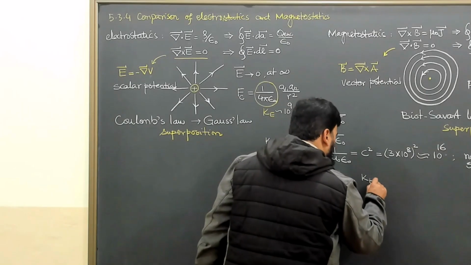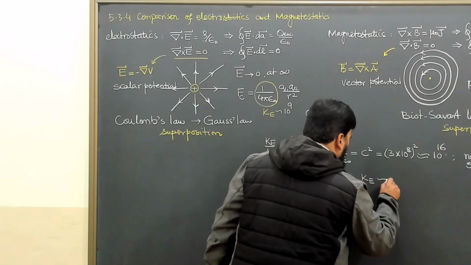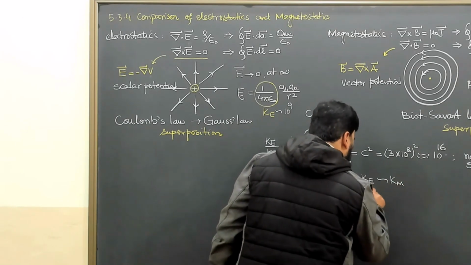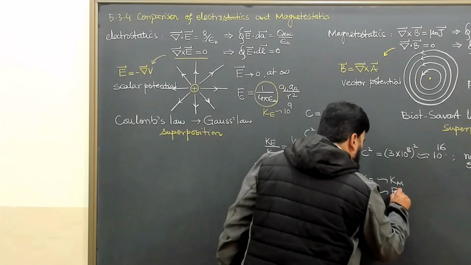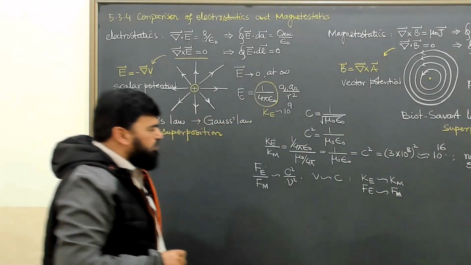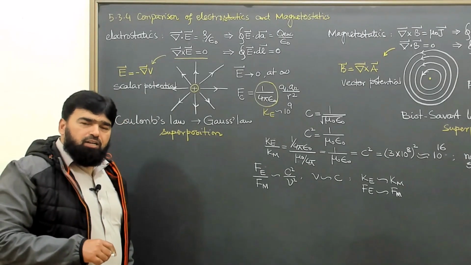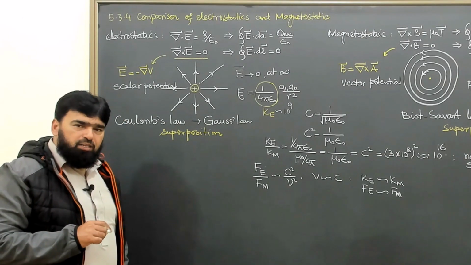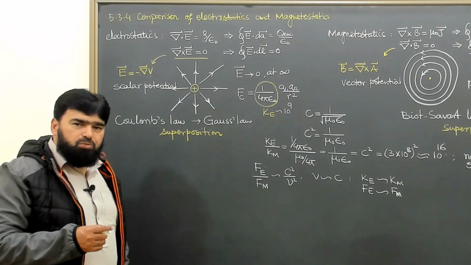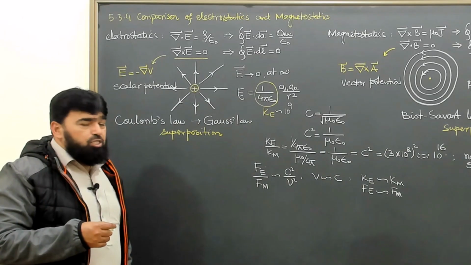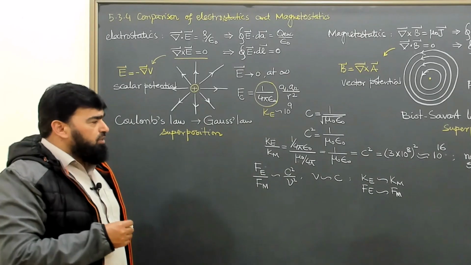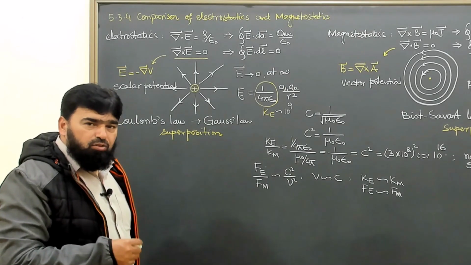So Fe and Fm, magnetic, are comparable here when it is relativistic. So for a charged particle moving at a normal, non-relativistic speed, the electric force is 10 to the power 16 times greater than the magnetic force.